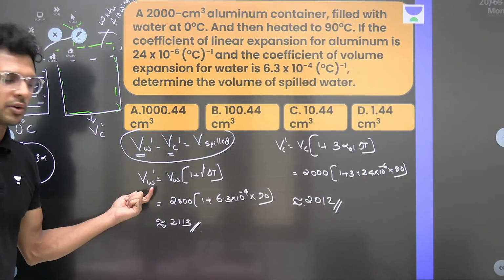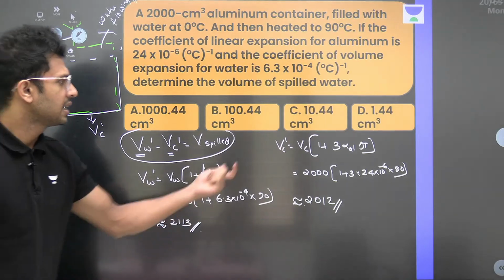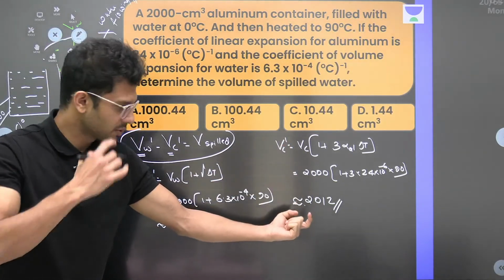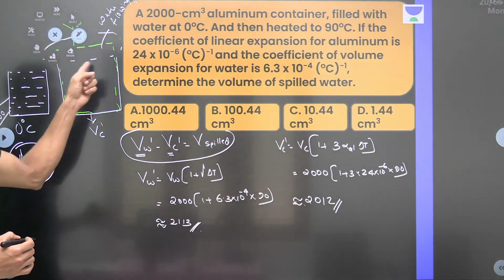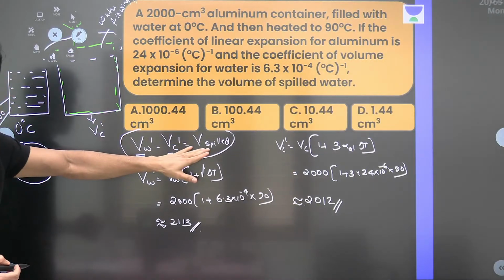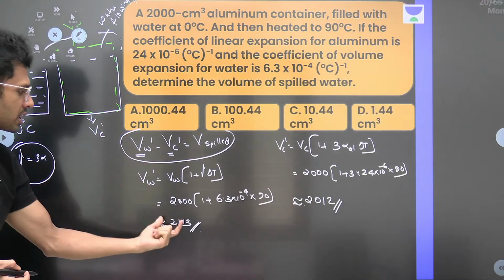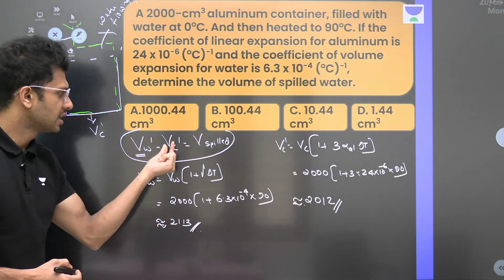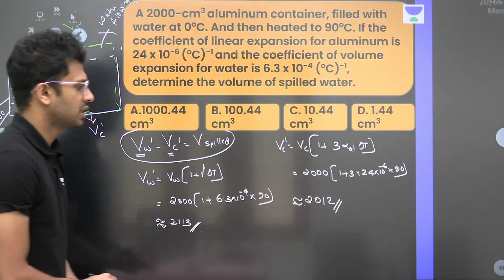So the new volume of water was 2113. The present volume of the container is 2012. As we have already discussed, the amount of water spilled is equal to the new volume of water, 2113, minus the new volume of the container, 2012.